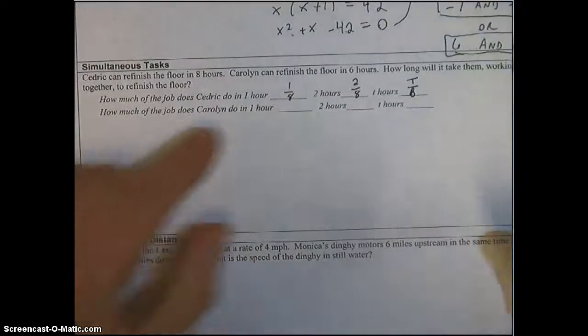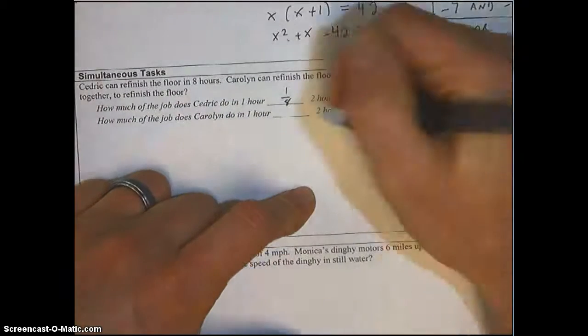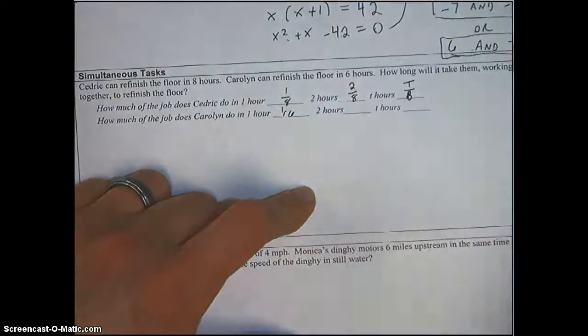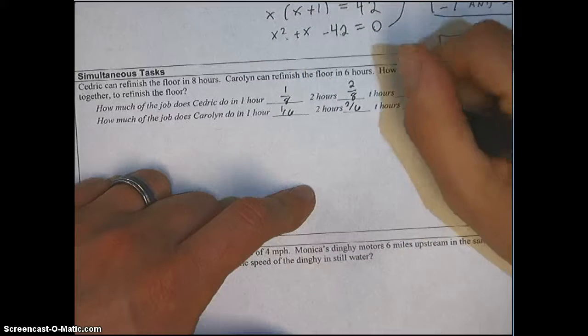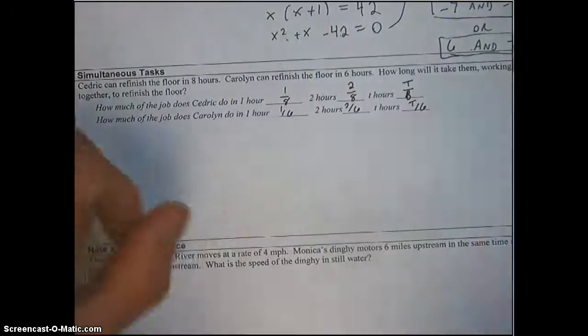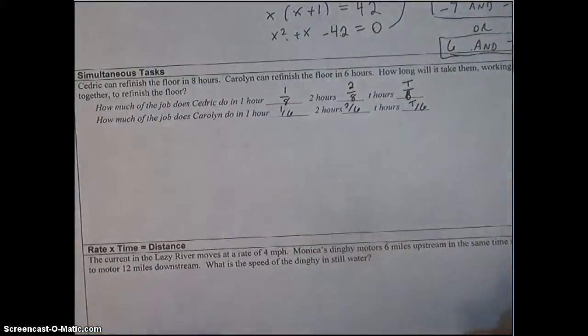And Carolyn can do the whole thing in 6 hours, so that means she can do 1/6 of the floor in 1 hour, 2/6 of the floor in 2 hours, and t over 6 of the floor in t hours.